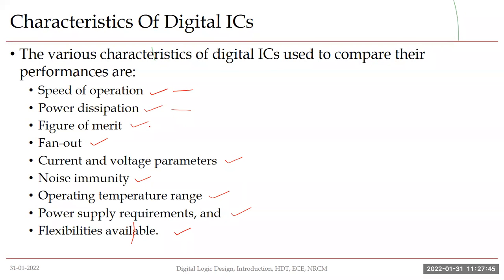Figure of merit is the product of speed of operation and power dissipation. We have fan out, that means the number of circuits of the same circuit level that can be connected, and voltage and current parameters, the minimum input voltages and the maximum output voltages, which help us to declare what is logic level 1 and 0.